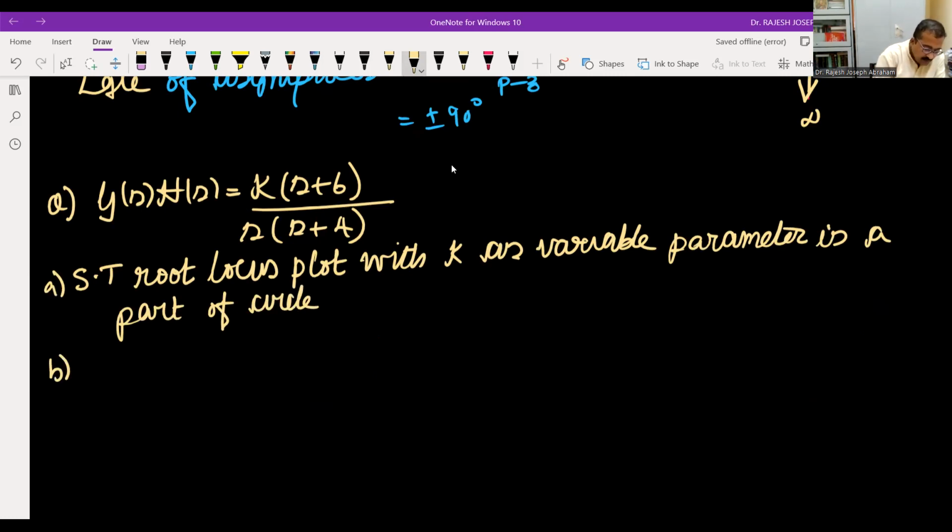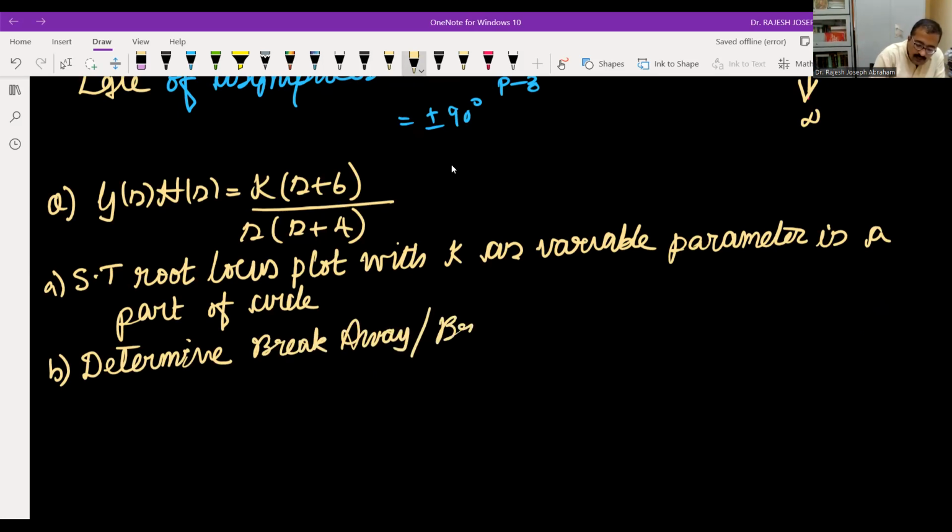Part A. Part B: Determine breakaway or break-in points, if any.